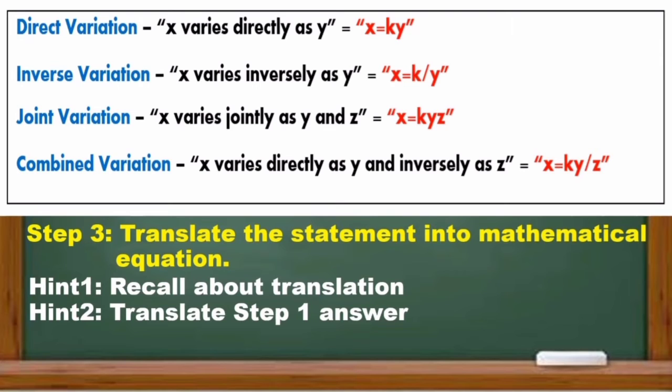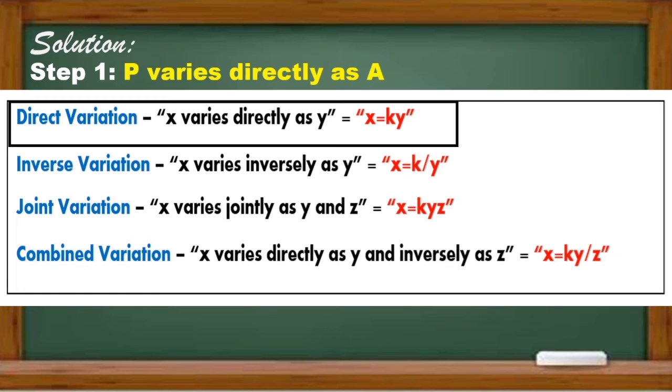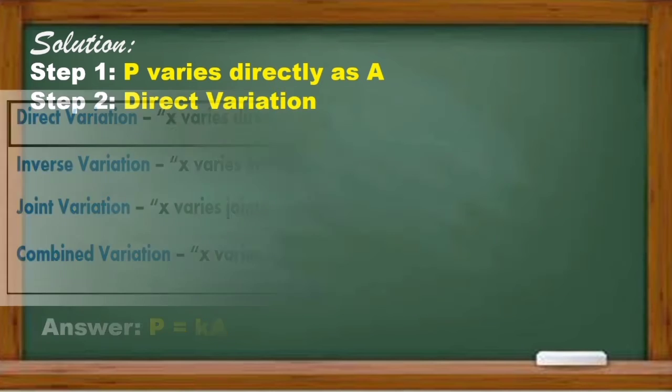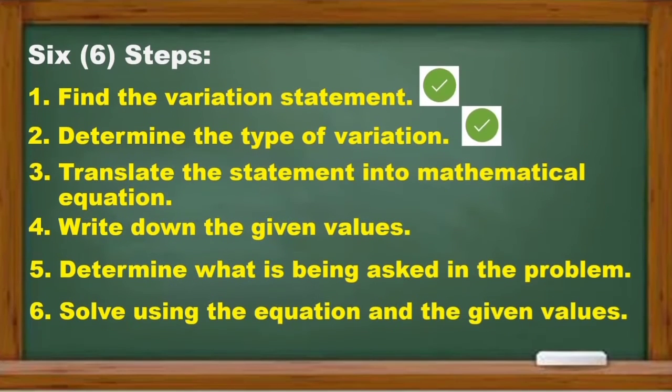And for combined variation, x equals k times y over z. From step 1, P varies directly as A is an example of direct variation. So we can translate this into P is equal to k times A. Okay, we're done with step 3.